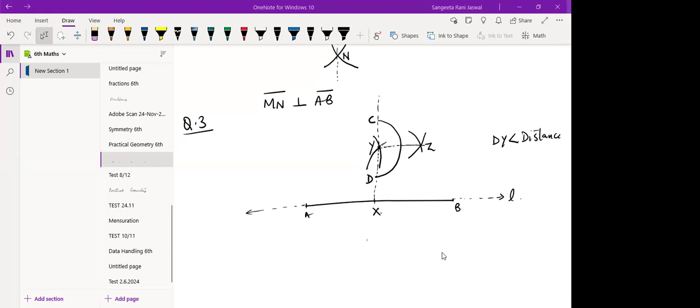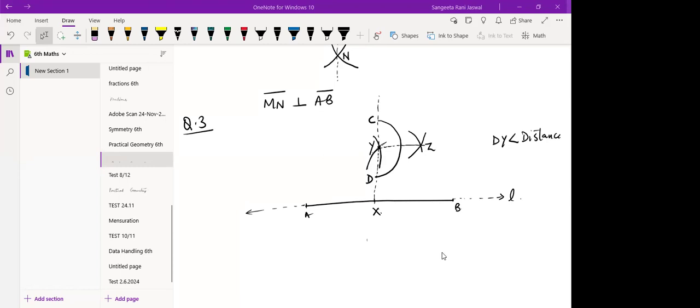From X, we took the compass measurement more than XB and marked an arc above the line. With the same measurement, keeping the pointer at A, we marked another arc cutting the previous arc. This new point of intersection is named Y.